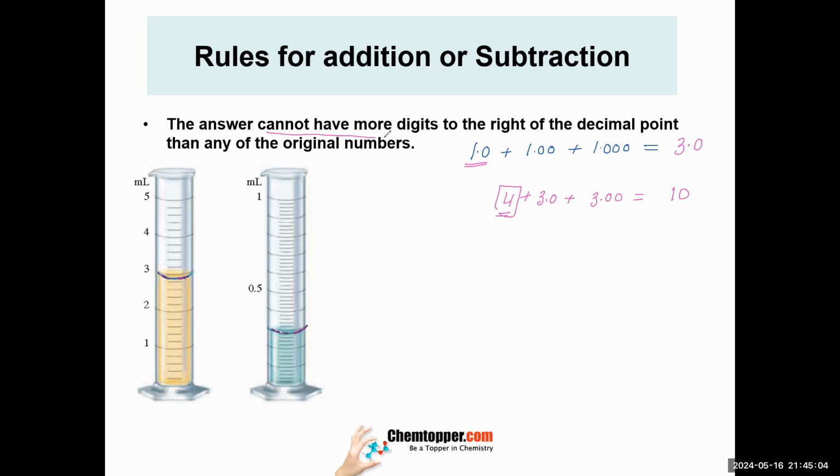So the rule says the answer cannot have more digits to the right of the decimal point than any of the original numbers. It means you have to put your answer up to the minimum decimal places of the numbers which you have used for calculation. Is the rule clear? Now you can take this as an AP question, a multiple choice question.